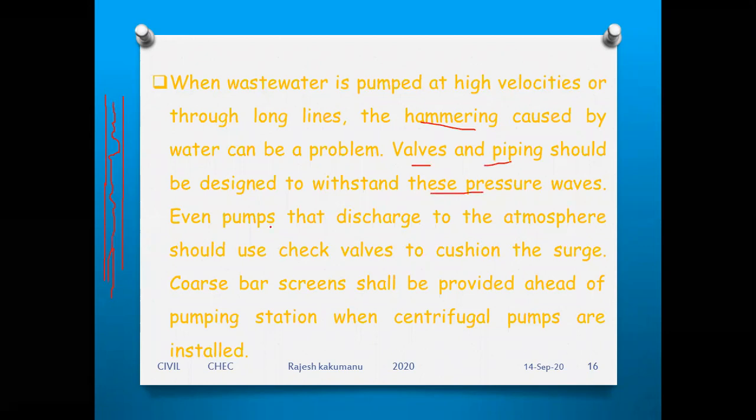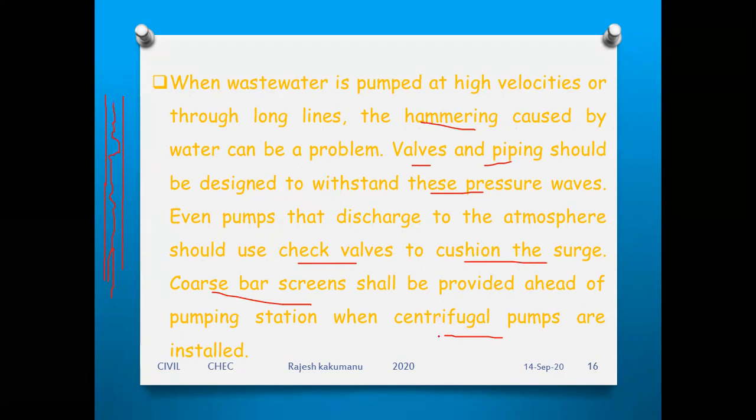Even pumps that discharge to atmosphere should use check valves to cushion the surge. Coarse bar screens shall be provided ahead of the pumping station when centrifugal pumps are installed. We discussed in the elements of a pumping station that we require a pumping structure, screens and a raising main, along with accessory components.